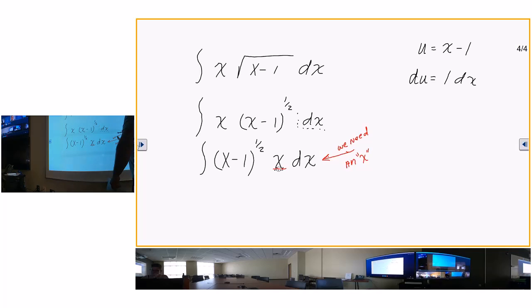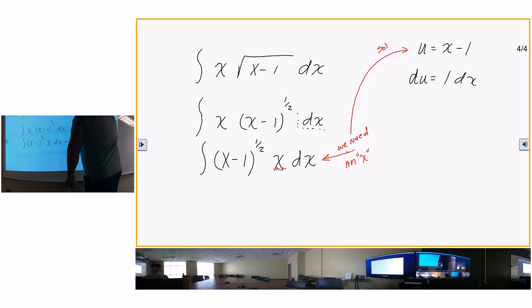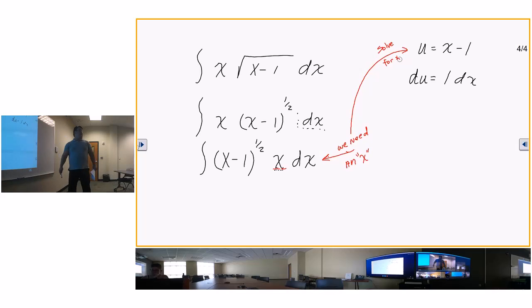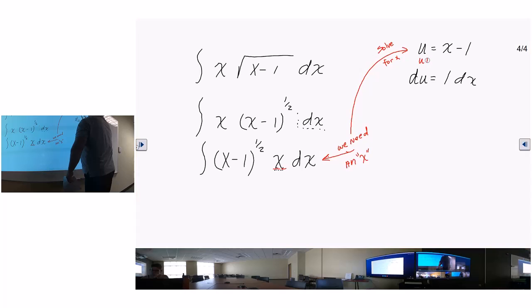Well, we go up here and we solve for x. Remember me mentioning that to y'all a couple of days ago? Now this is something you need to put a tab on your notebook and say, we'll see in second calc. So I'm going to solve this for x. u plus 1 is equal to x.